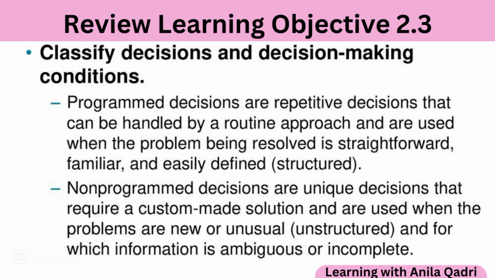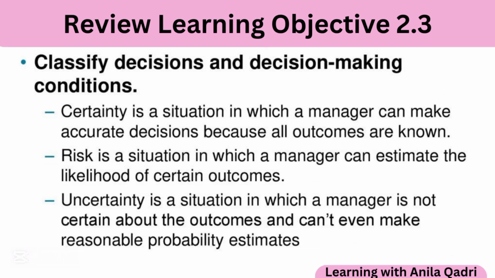Here you can have a look. Review Learning Objective 2.3. Classify decisions and decision-making conditions. Certainty is a situation in which a manager can make accurate decisions because all outcomes are known.